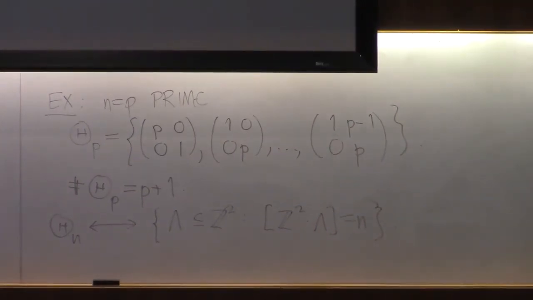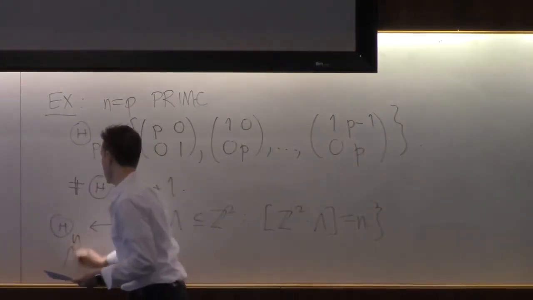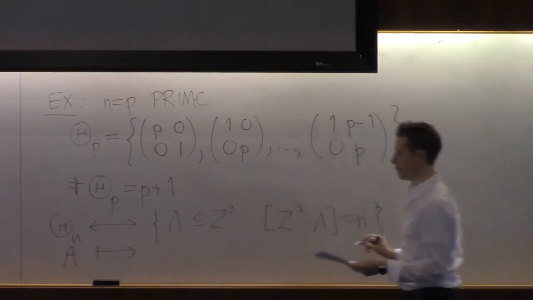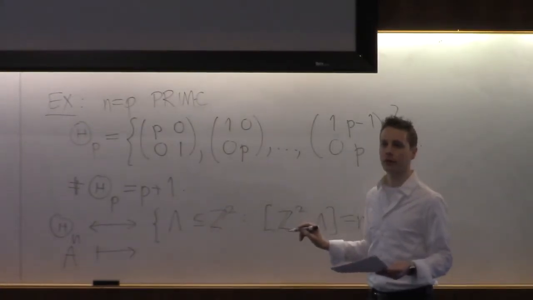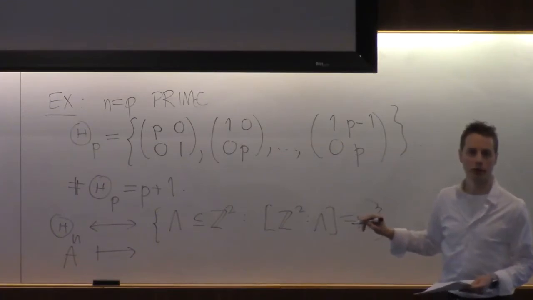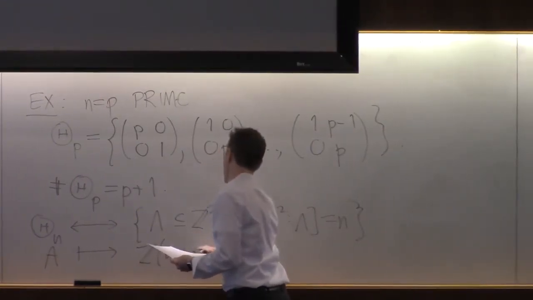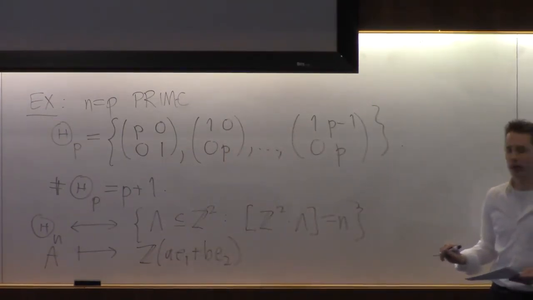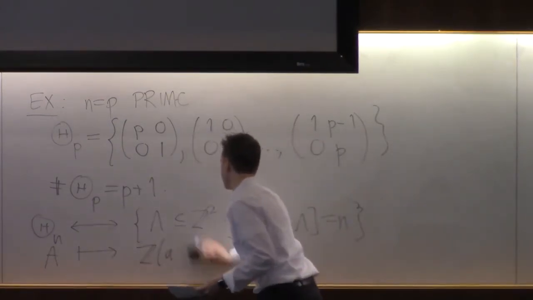The bijection is: you take such a matrix that belongs to your set, and you make the associated lattice where you've written out a choice of basis for that lattice as the rows of that matrix. That would mean you take the Z-span of A E1 plus B E2. The E1 and E2 are the standard basis elements of Z squared. You could write that as (A, B) if you wanted to.